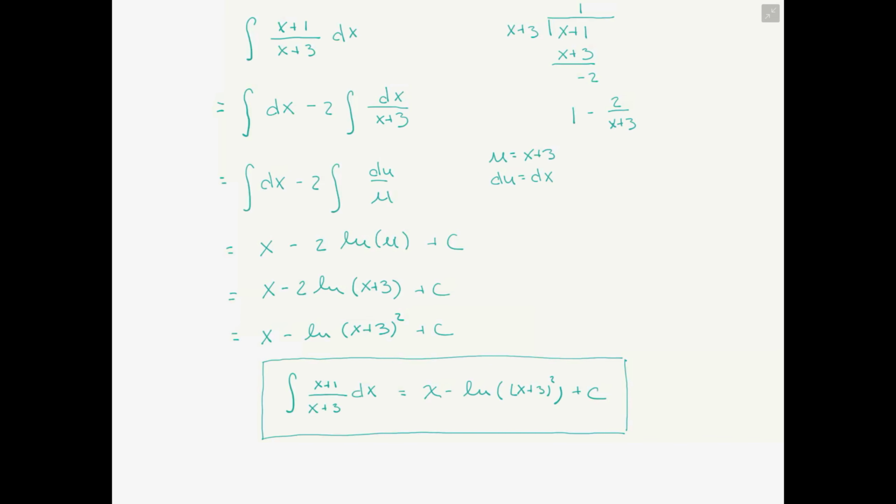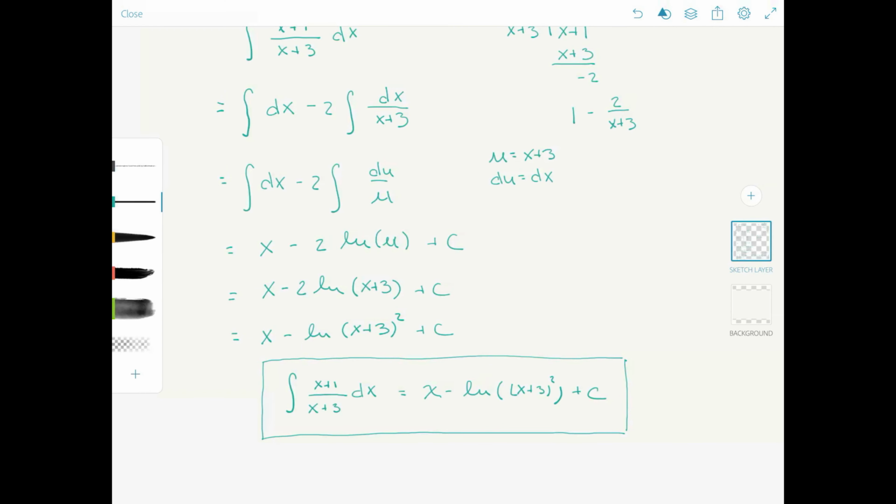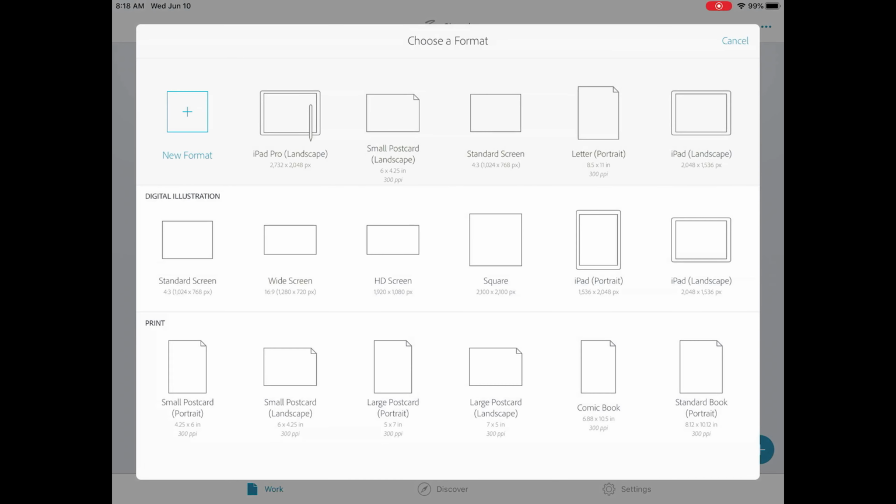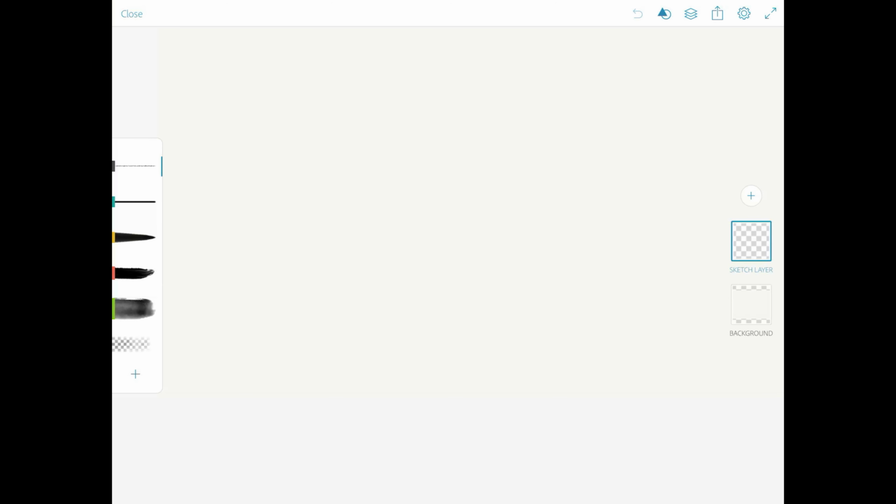We can't forget the constants. So here is our final solution. And that does that. So far we've seen u substitutions, division, and trigonometric substitutions. So we've already used 3 different methodologies.